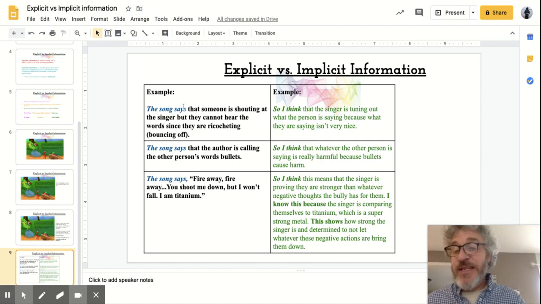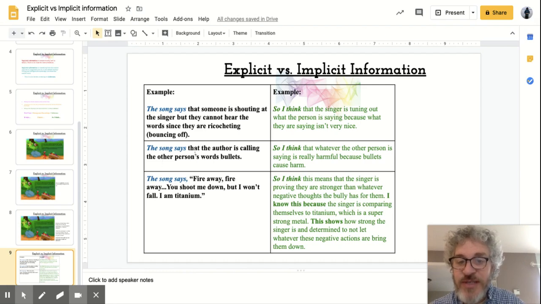That's explicit, words that are right in the song. I can make an inference, using implicit information. I can think to myself that the singer is tuning out what the person is saying because what they are saying isn't very nice. They're saying unkind words. That's why they're tuning it out. That's why their words are bouncing off them and ricocheting.